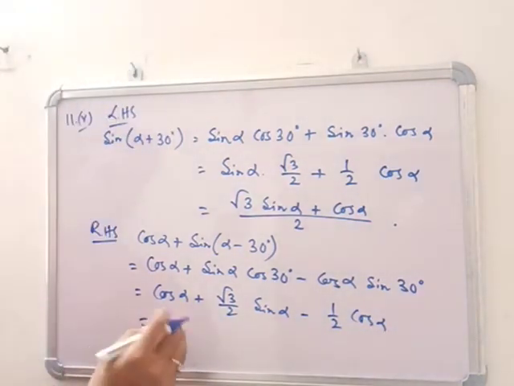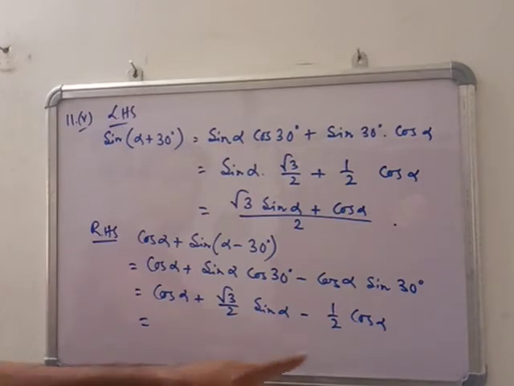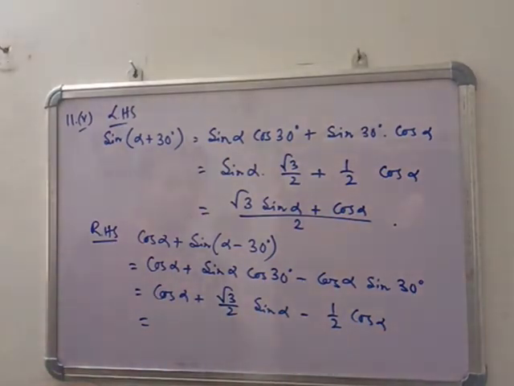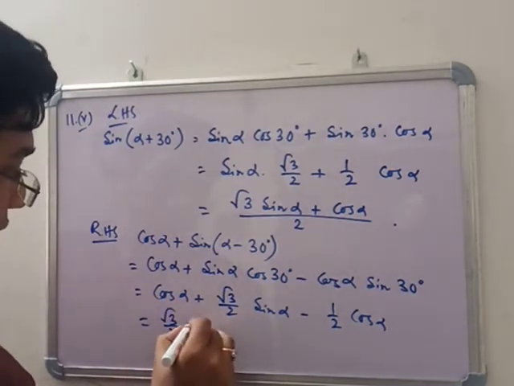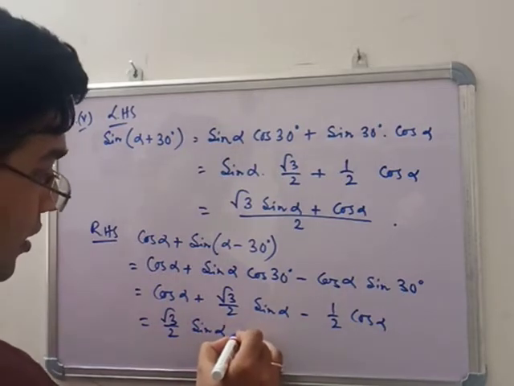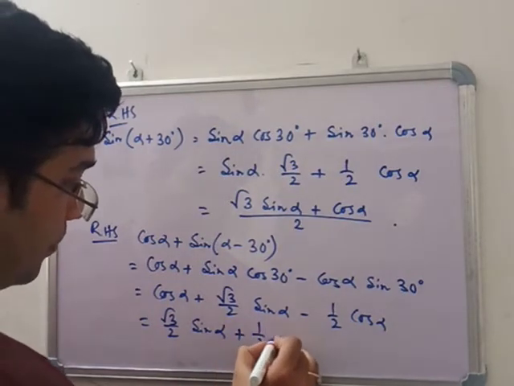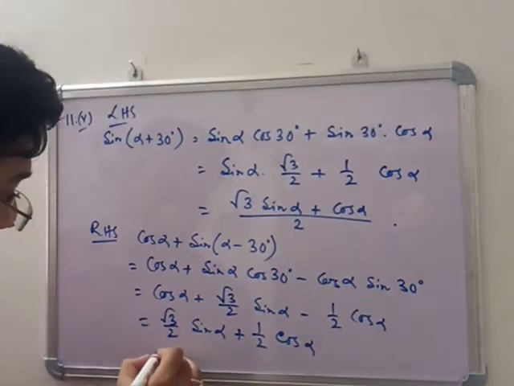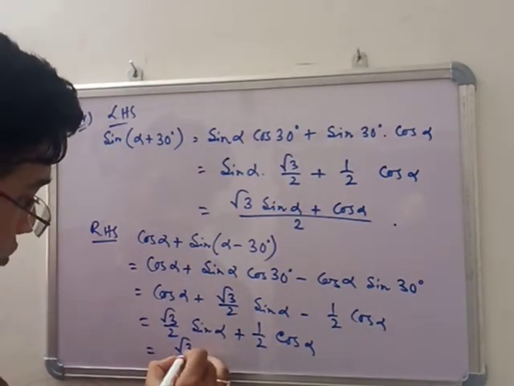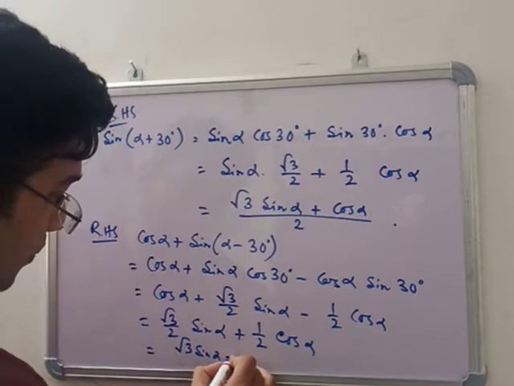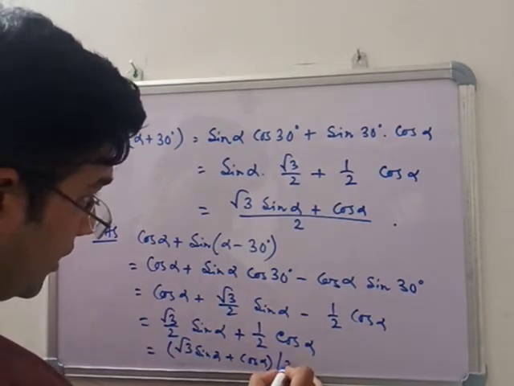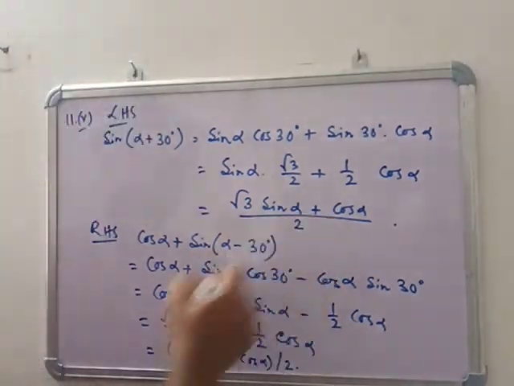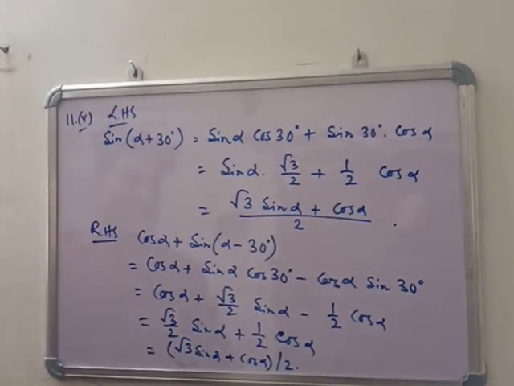So this is 1 and this is 1 by 2. So 1 minus 1 by 2, that means plus half. So that means root 3 by 2 sin alpha plus half cos alpha. That means root 3 sin alpha plus cos alpha by 2, which is the same as LHS. That is proved.